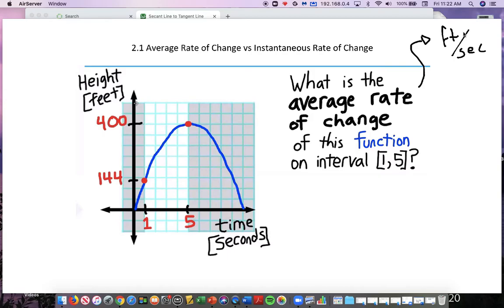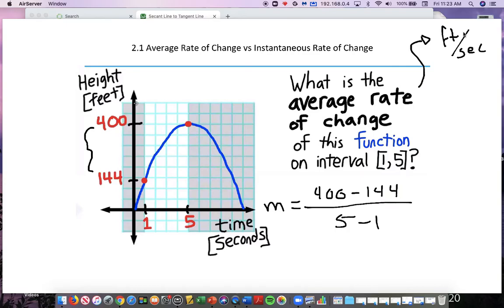And if that's true, then we're really talking about the difference in heights over here, 400 minus 144. That was our change in height, divided by 5 minus 1. Well, isn't that just the slope?